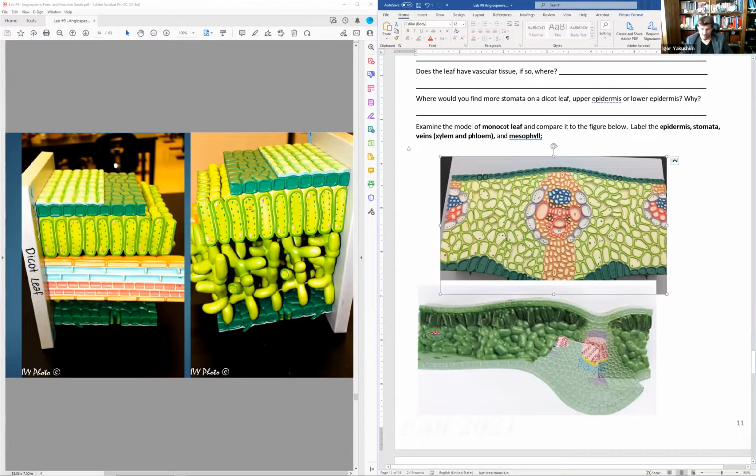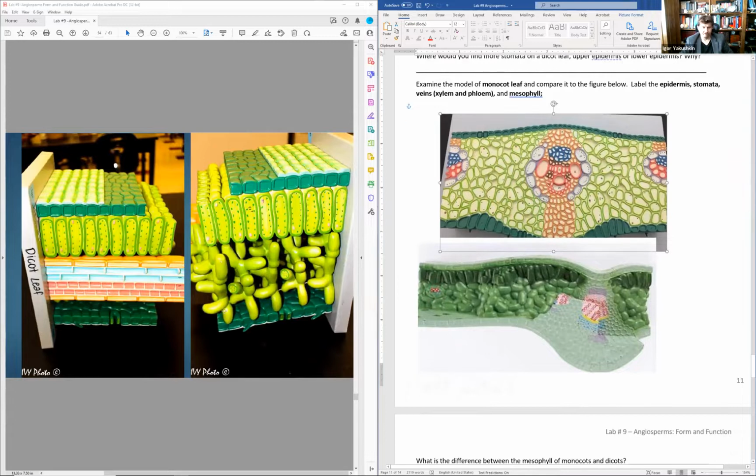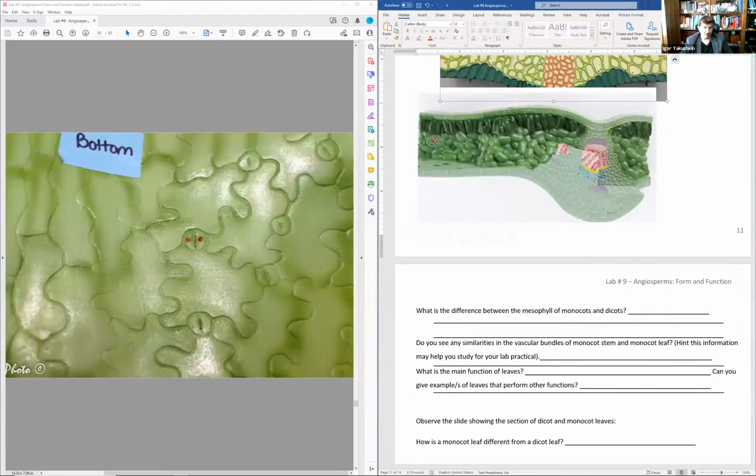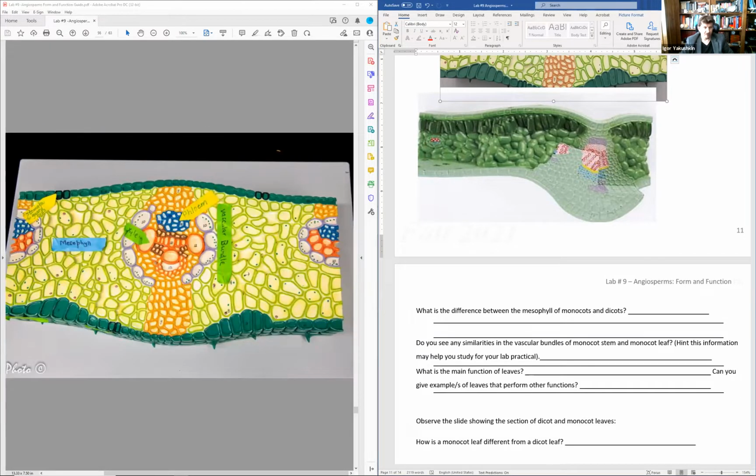Here we have the mesophyll, light gray, light green, and here we have a darker green mesophyll. Here we have the bottom, and this is the stomata. As you can see, there is a lot of them. So mesophyll, phloem, xylem, vascular bundle overall, sclerenchyma, of course.